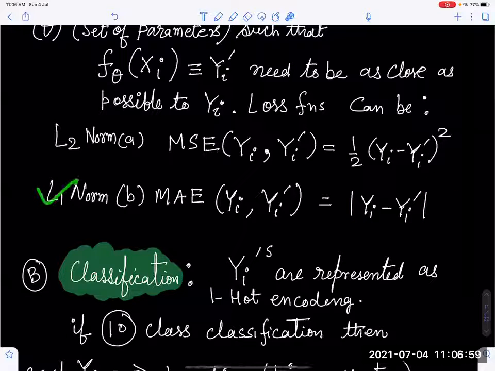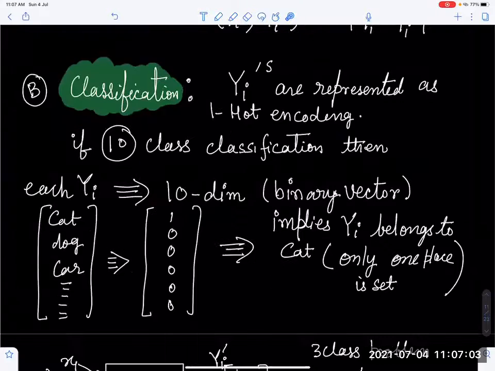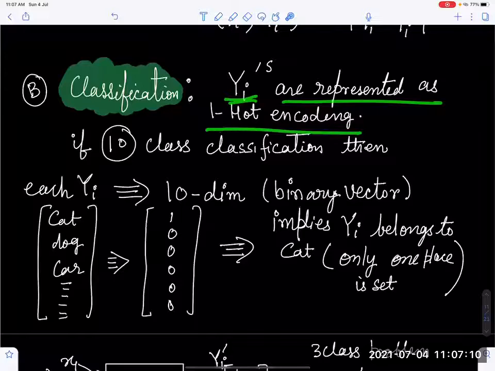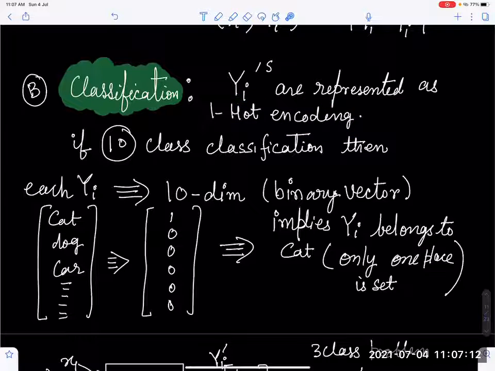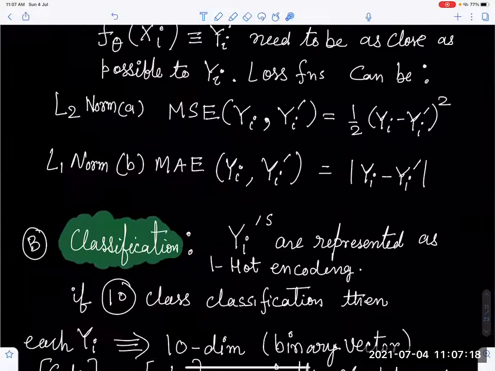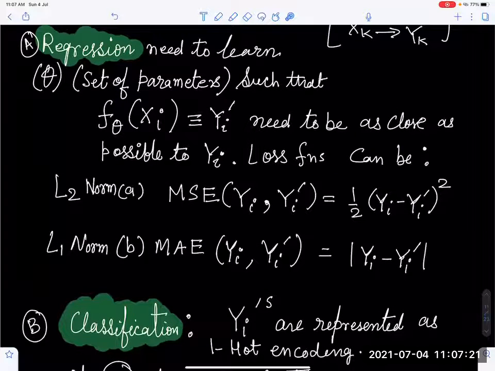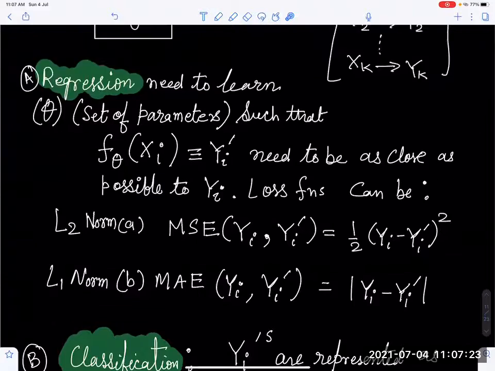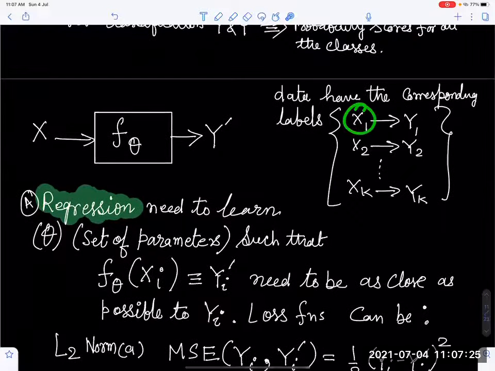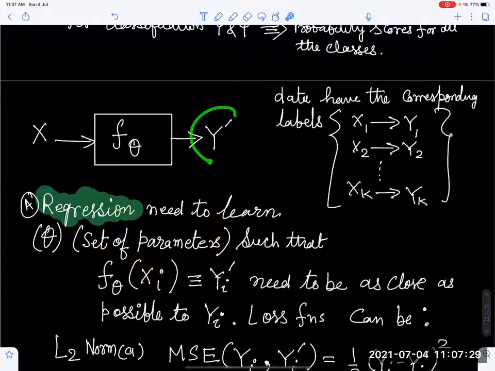So the first thing is called the L2 norm. The second is called the L1 norm. There is one more thing which is coming in between. That is, yi are being represented as one hot encoding for classification. What does that mean? For regression, you must have seen in your previous lecture that you have a value x and its corresponding value y, and you got the predicted value y hat.